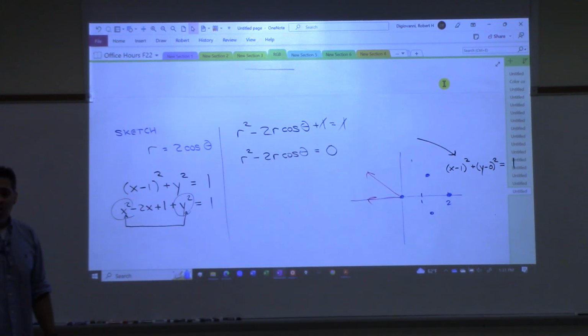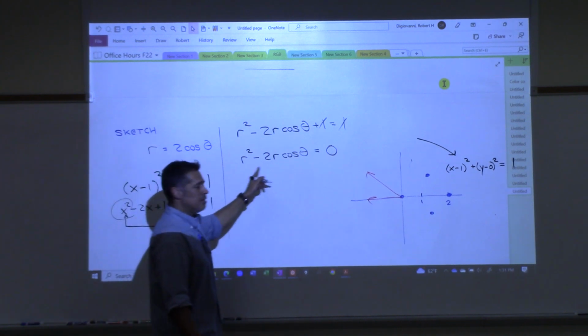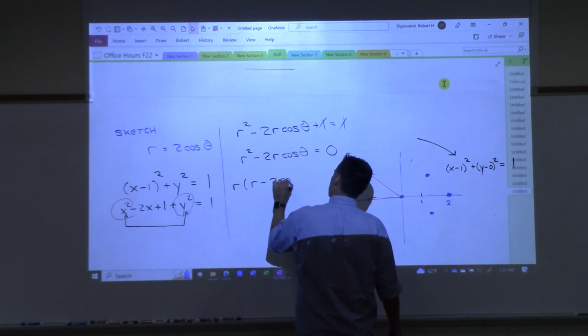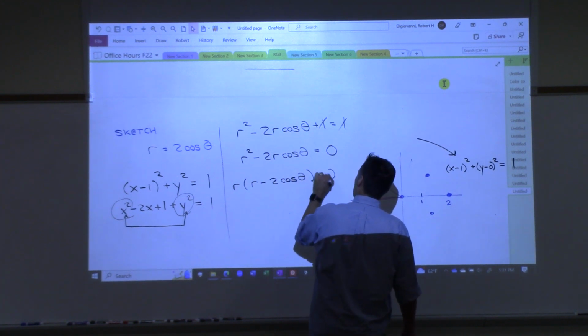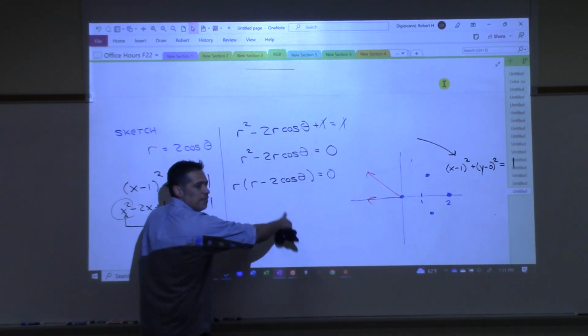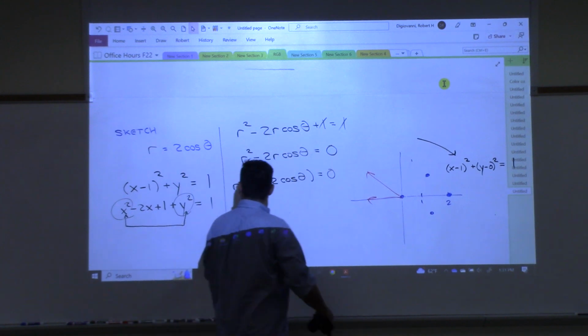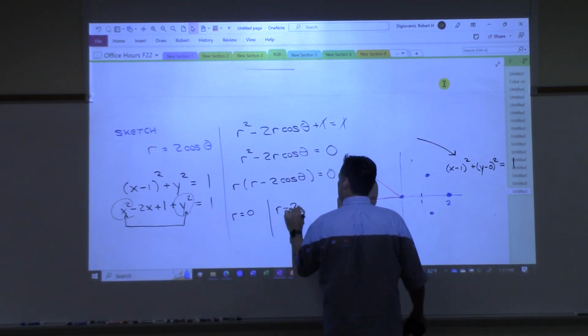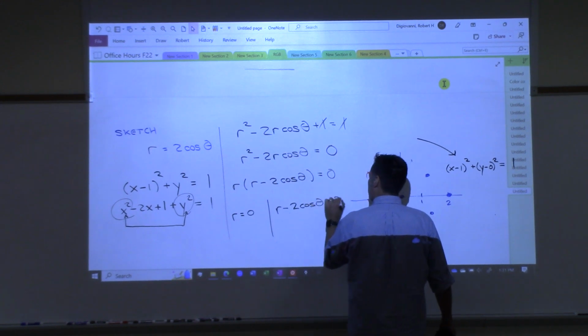And now factor an r out of each of these. And now that you've factored, set each of these factors equal to 0. So you get r equals 0, and the other one is r minus 2 cosine theta equals 0, right?